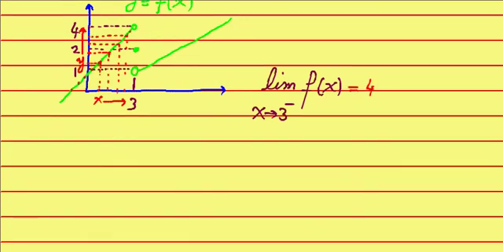Now, let's try this one more time. Suppose I ask you, what is the limit of f of x as x gets close to 3 from the right hand side? So right hand side, plus, means pick this branch. This is the branch you pick. You're going to travel on this.